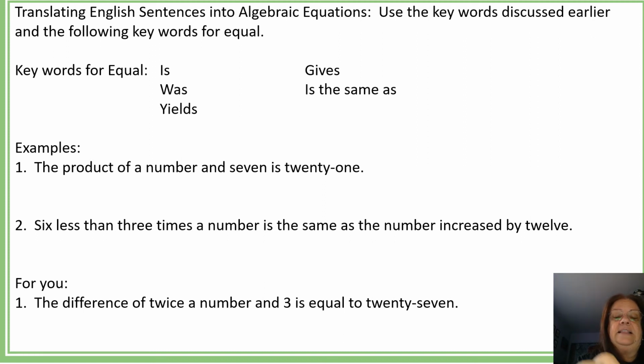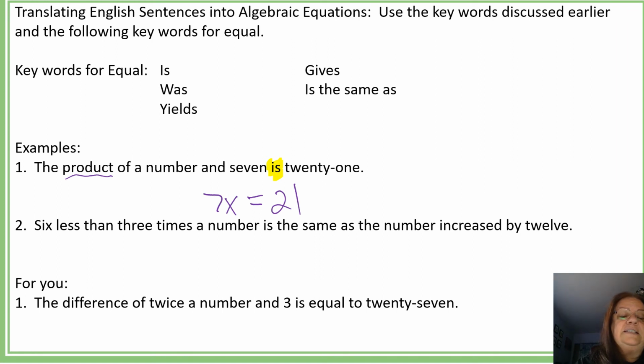I'm highlighting that because I want you to remember that's our equal. The product of a number, product is multiplication. So 7x, the product of a number and 7, is 21.